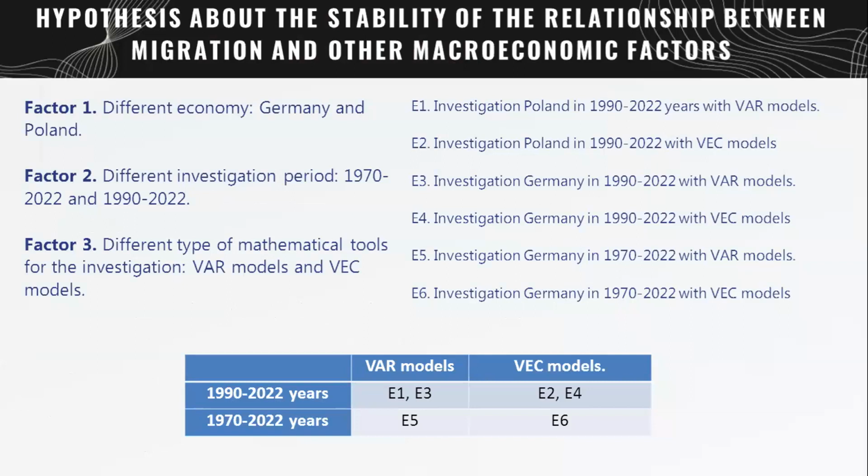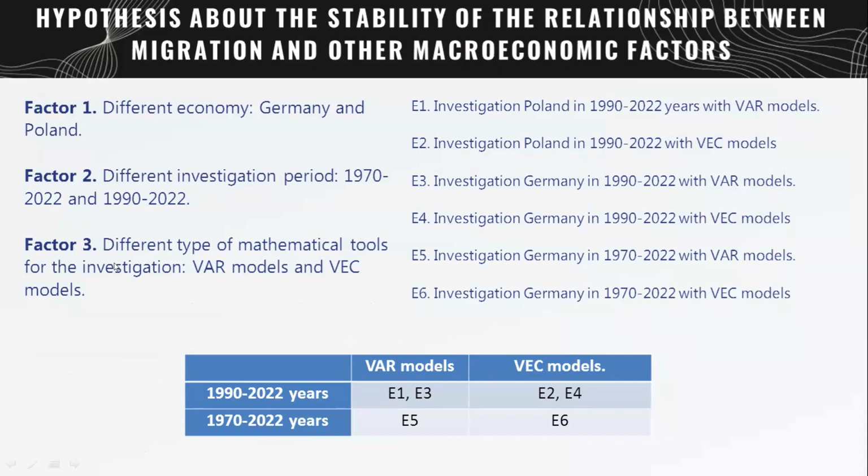Our preliminary investigation shows that different factors influence the stability of the interrelation between migration and macroeconomic indicators. First is a different economy. In our investigation, we chose the German and Polish economies. Second is a different investigation period. We took two periods, from 1970 and from 1990.